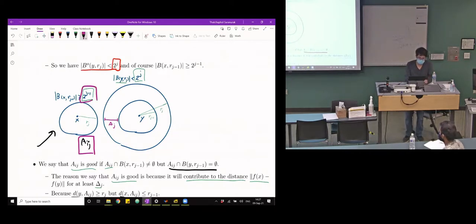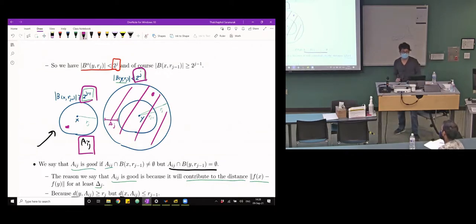One set is quite big, something like 2 to the j, within a factor of 2. One set is small, at most 2 to the j. And now you pick each point with probability 1 over 2 to the j. So with constant probability, you get some point here. And with some constant probability, you will also avoid all the points here.